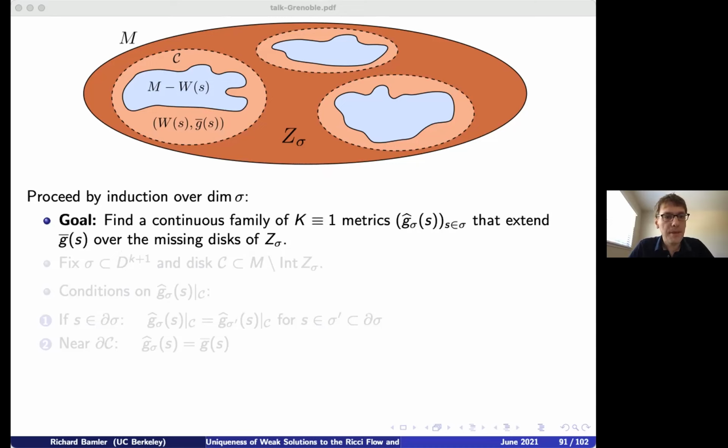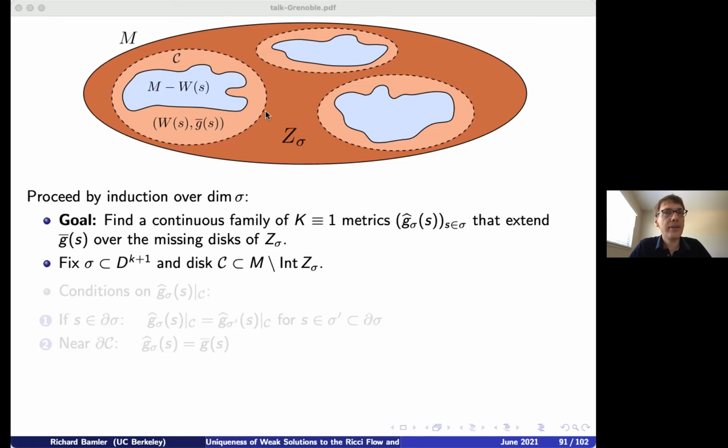Okay, so let me now perform this. Let me fix some sigma and assume that we've already performed this extension over all the simplices in the boundary of sigma. Now I need to choose these families of metrics G hat sigma S for every S in sigma.